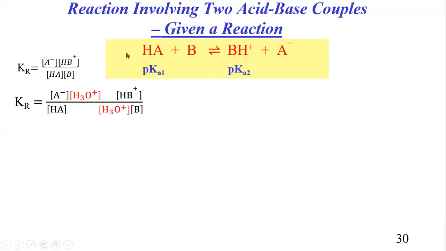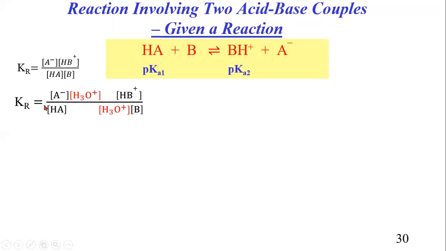Okay, so let's do a slight modification. We multiply top and bottom of this Kr by H3O plus, so it's like multiplying it by 1, so it doesn't affect it. And then put each couple separated from each other. So HA, A minus is separated now from the BH plus, B couple.